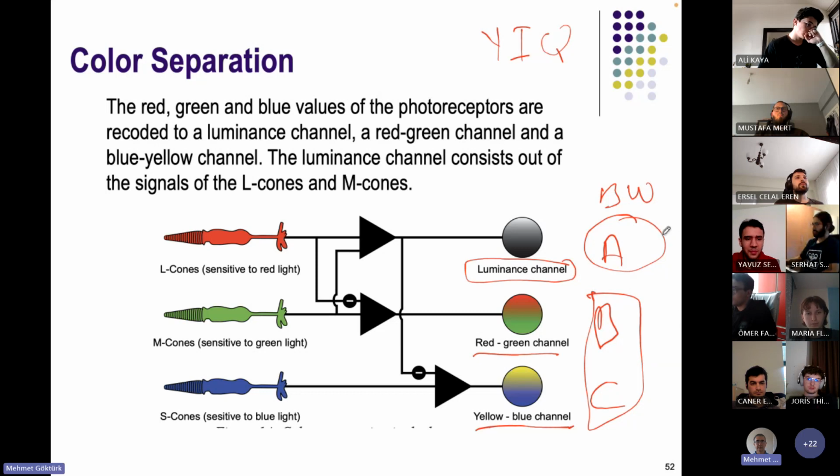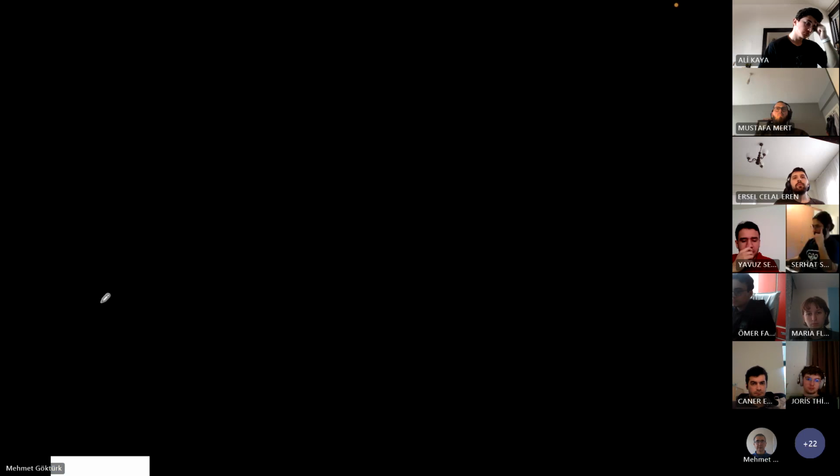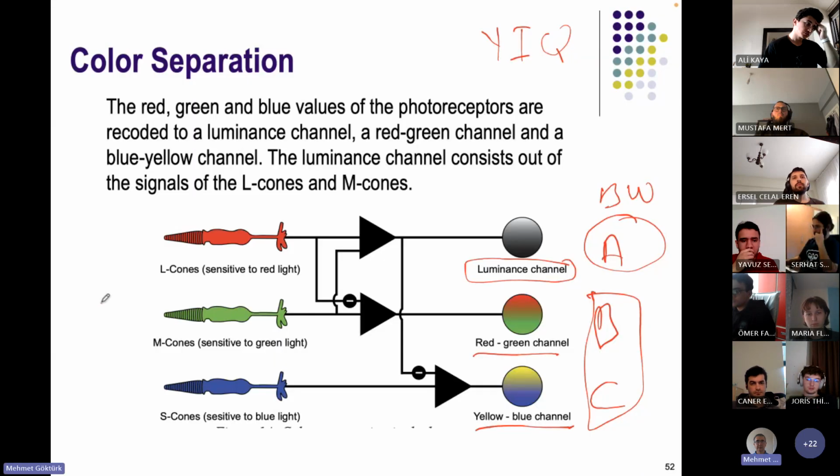Which animal was capable of seeing black and white? Was it dogs? I think it is dogs.